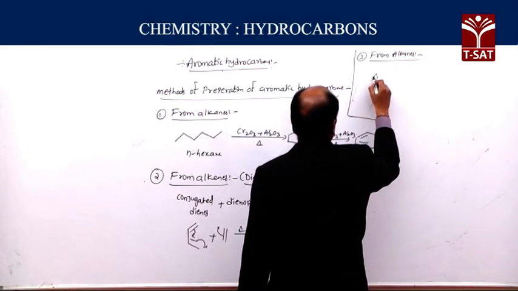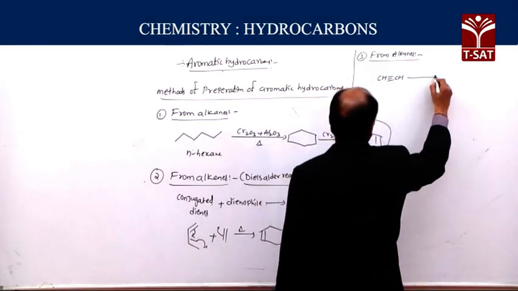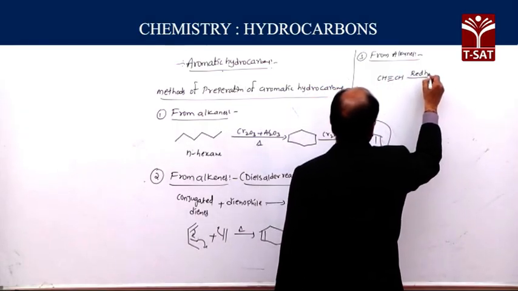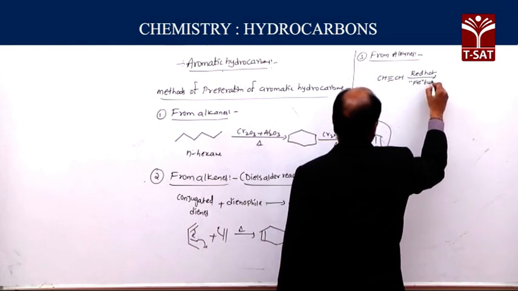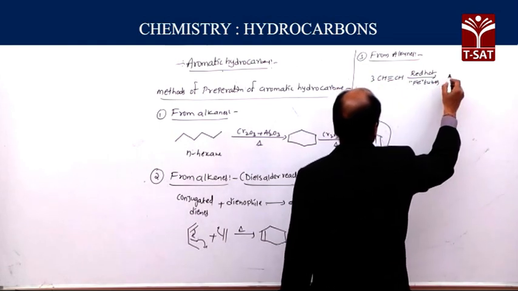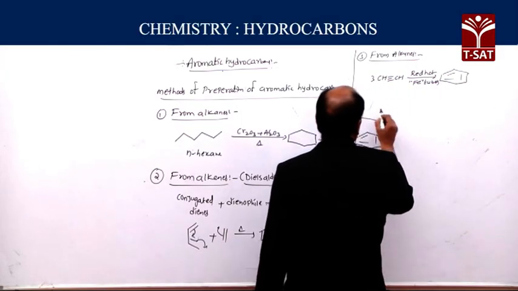When acetylene gas, CH triple bond CH, is passed through red hot iron tubes or copper tubes, 3 moles undergo trimerization and we get benzene. This is nothing but C6H6.